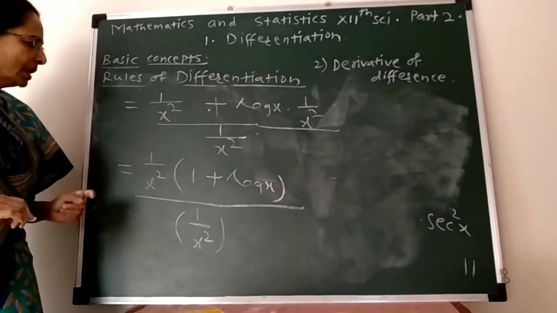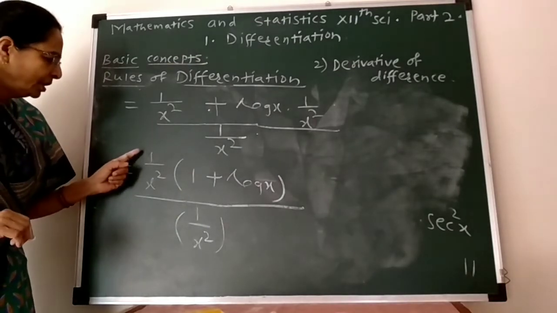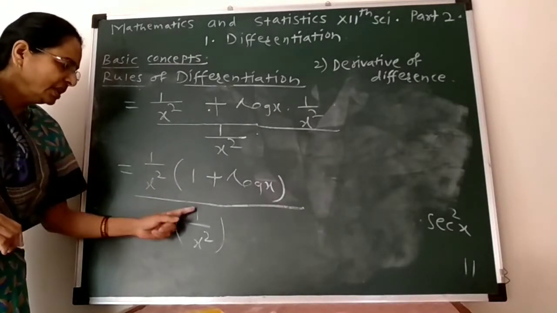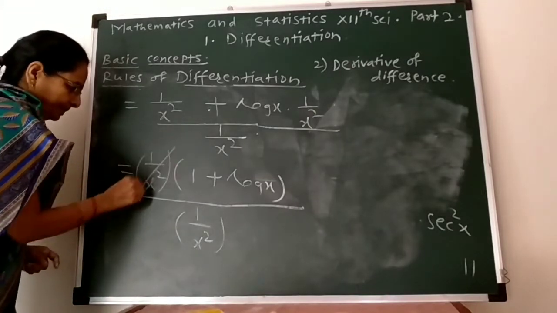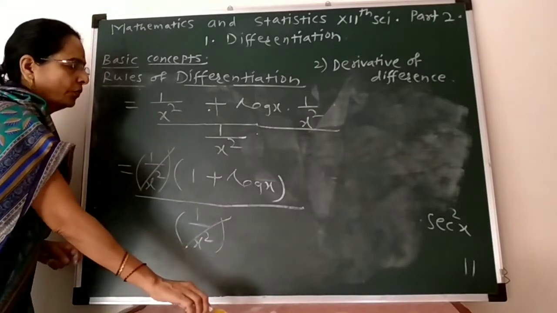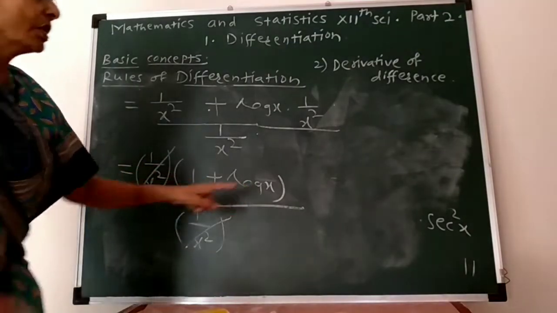Steps of simplification. Now in the numerator 1 upon x square, in the denominator 1 upon x square get cancelled. So final answer is 1 plus log x.